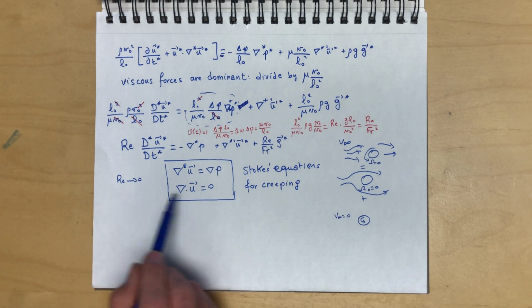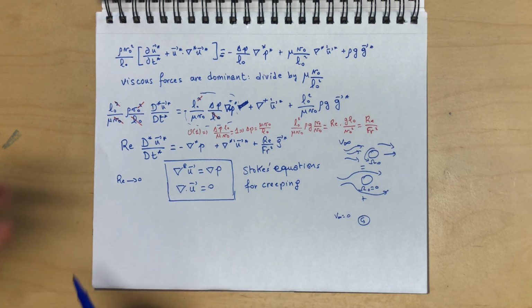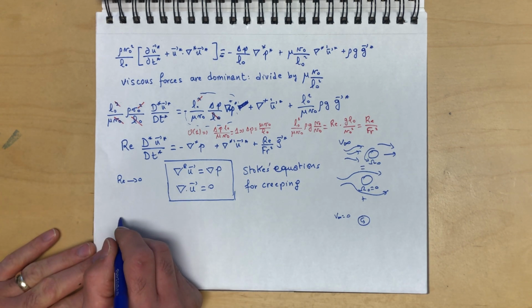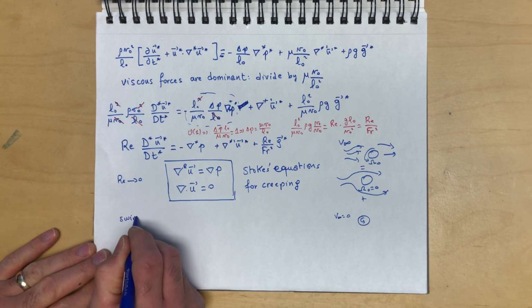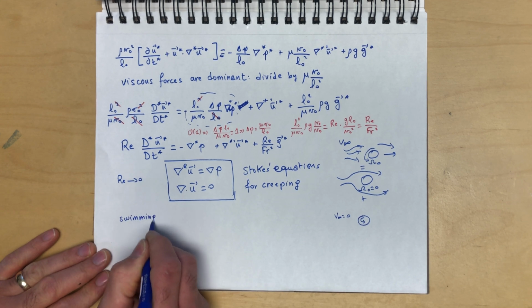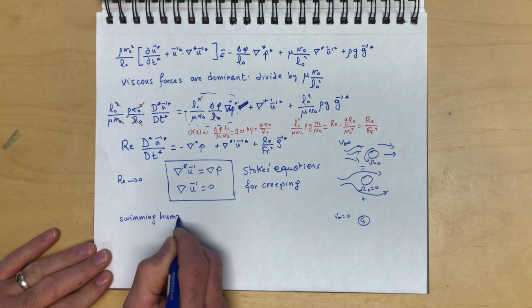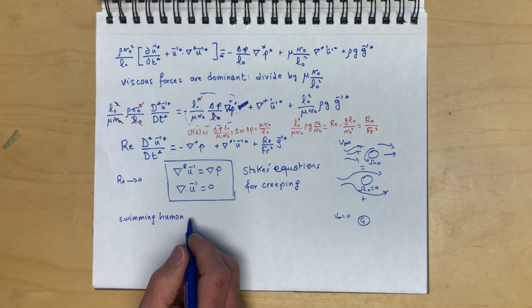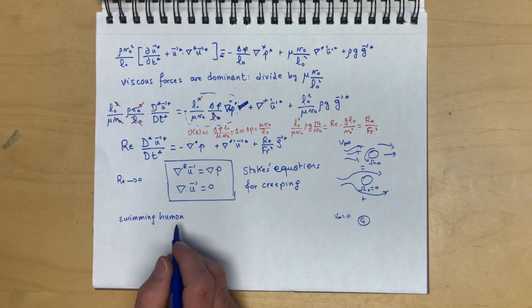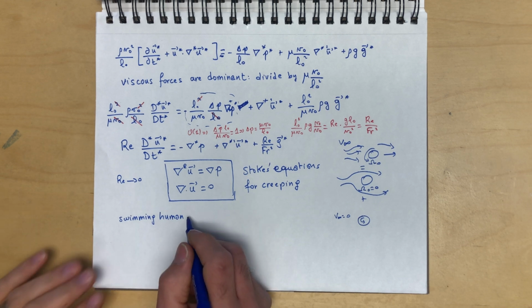And just to give you an idea of when this Stokes flow is important, let's look at a swimming human. Remember, you're just thinking about the Reynolds number, not the viscosity on its own, not the velocity. It's the relative importance of inertia driven by velocity, advection, compared to the resistance of the flow, compared to viscosity.